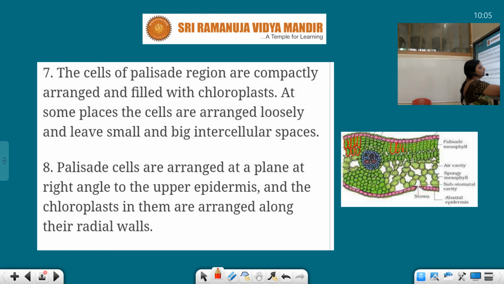See, these dots are nothing but chloroplasts. So chloroplasts are present in the radial walls, at right angle to the upper epidermis. So on the radial walls, these are chloroplasts. So that is darker in color.